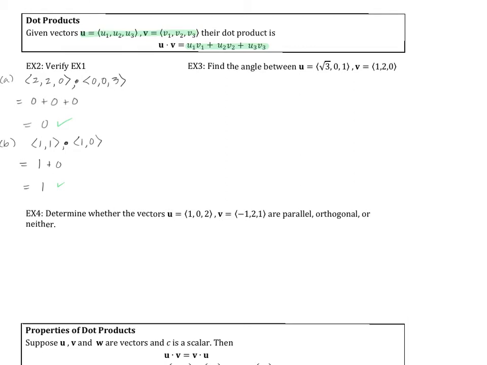Example 3 says find the angle between these two vectors u and v. So if I'm supposed to find an angle, then that tells me I'm going to use the definition of the dot product.